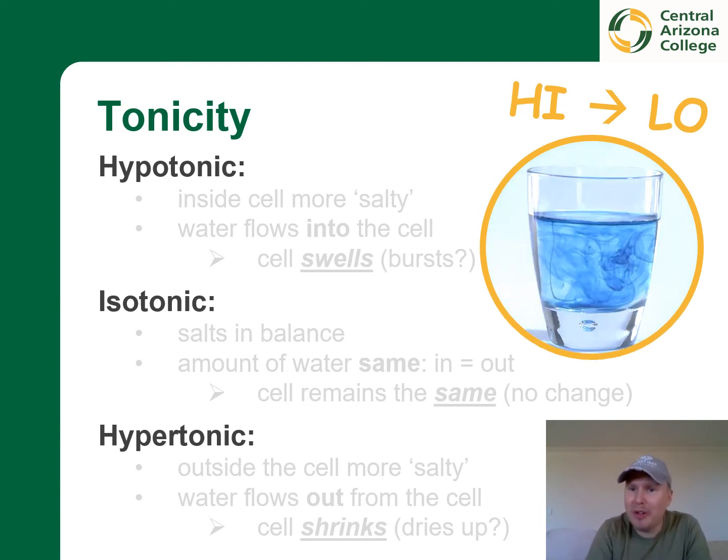And we saw that soon enough, this food color did spread to all parts of the glass until the concentrations were the same. This is the basis that all of our discussion on tonicity will build upon. Remember that we always try to even out this difference by moving the substances.